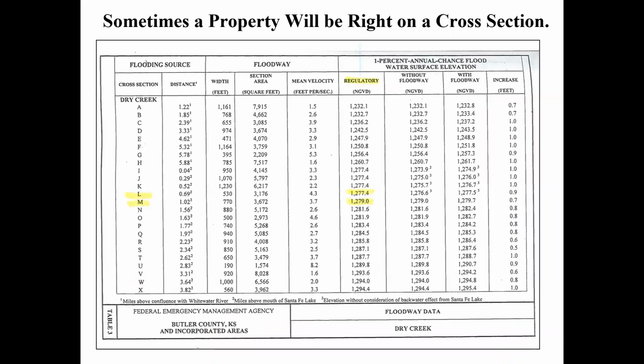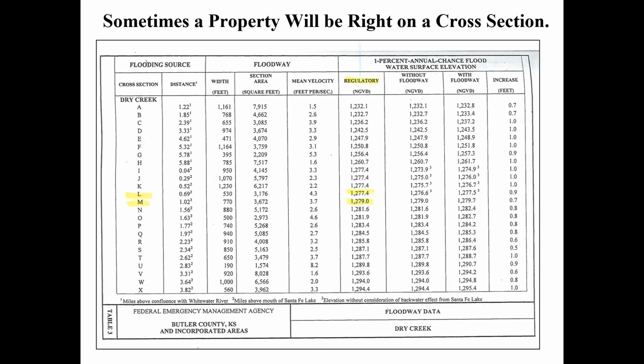So then we can check our work here by going towards the front where we have our floodway data tables. And then you find, again, the correct flooding source. So we're looking at Dry Creek. And then it's giving us our cross sections for that stream. And then you go over to the regulatory column.